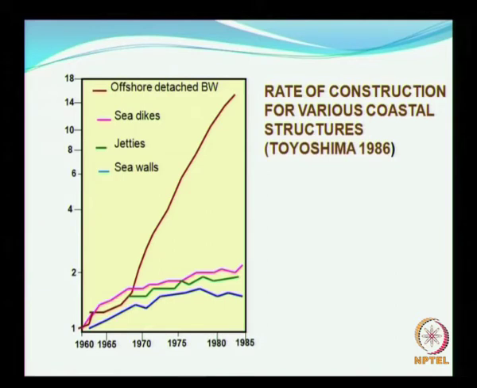So this is the rate of increase, particularly in Japan and also in other developed countries, European countries or the Americas. So you have a number of projects with protection measures as offshore detached breakwaters.